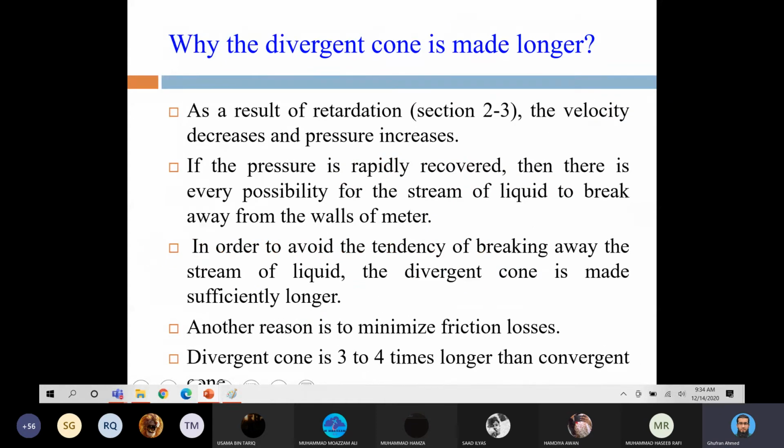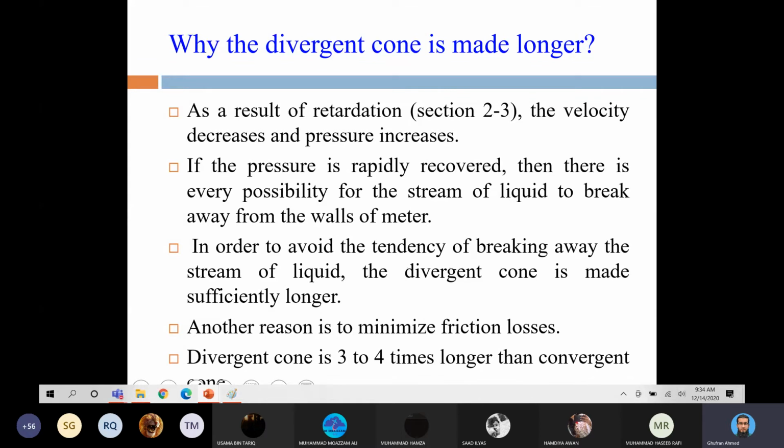अब next आगे, why the divergent cone is made longer. इसका simple answer तो ये है क्योंकि pressure बढ़ रहा है, and if we increase the pressure suddenly, then there are chances that the pipe walls may break or there would be a bursting of pipe.